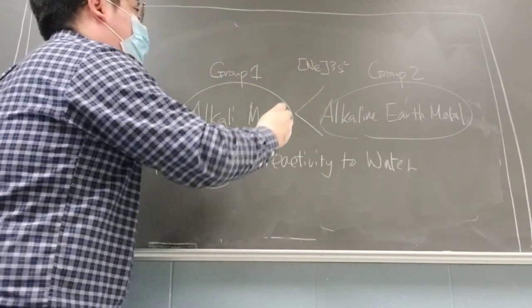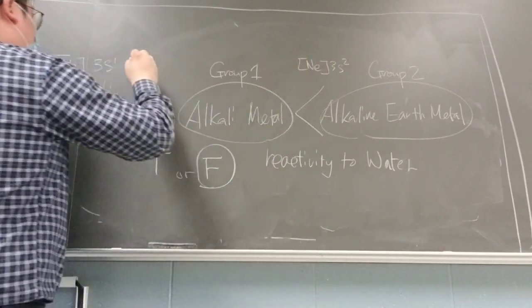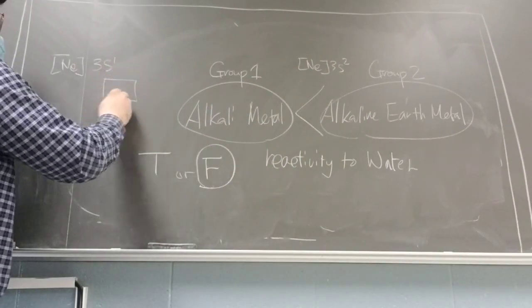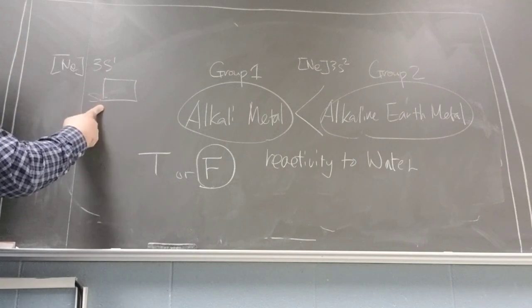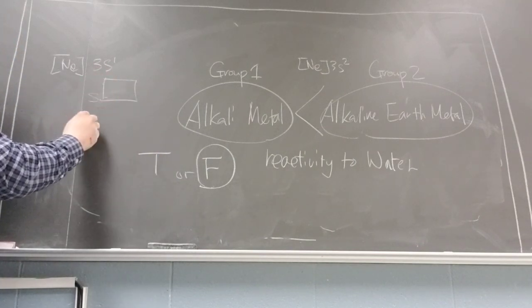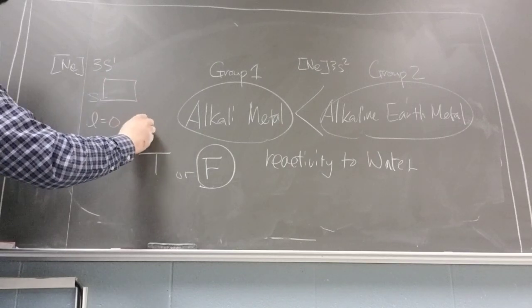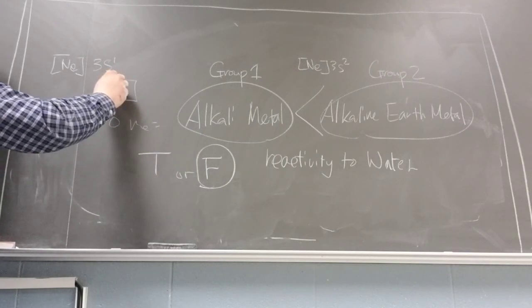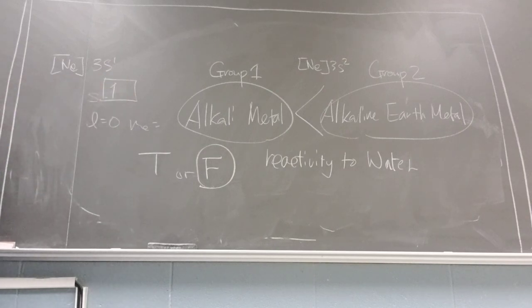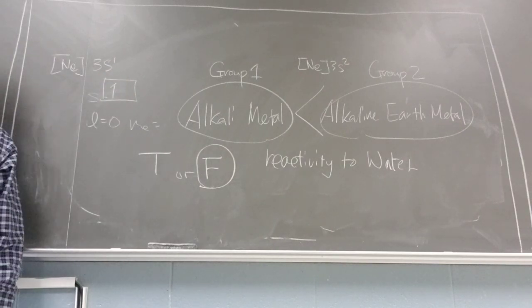If you look at the diagram right here, this is the s orbital diagram, which is only one box, because l is 0. There's only one ml, which is 0 as well. So it can hold only one electron there, though it can actually hold 2 electrons at max.